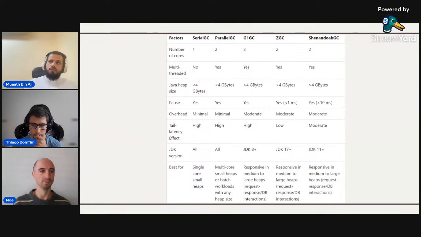How about nowadays, we ship our Java application along with Spring in a Docker image, okay? So now how will the GC work along with a Docker image, because in the Docker image we specify maybe one GB RAM, or sometimes maybe 512 MB RAM.